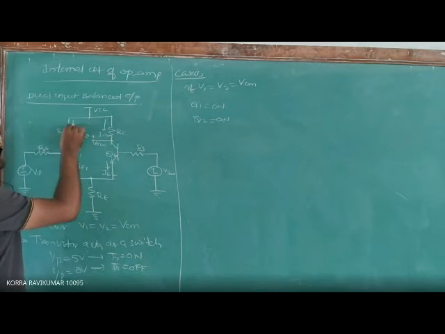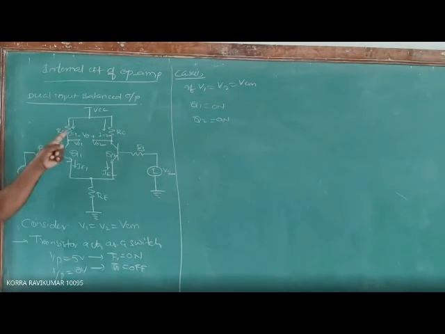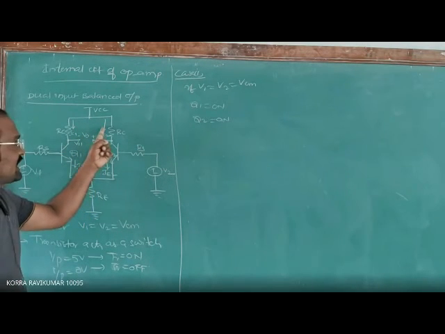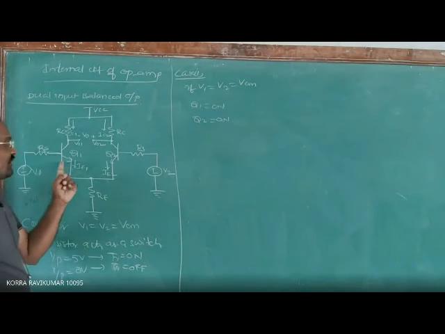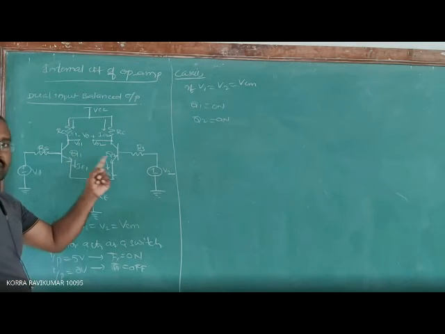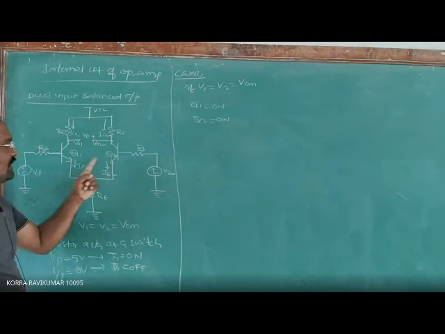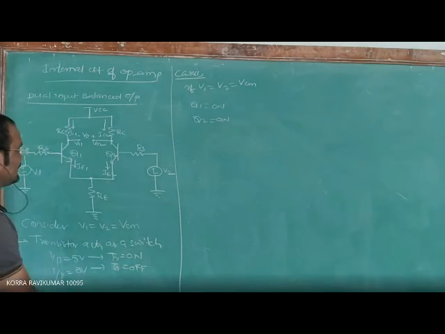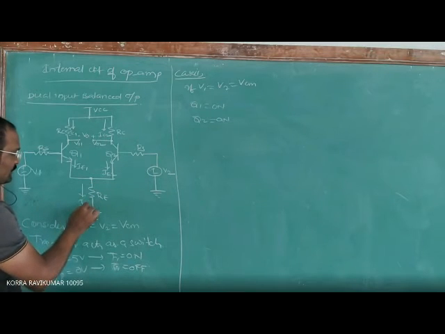Current flowing through the collector terminal of the first transistor is IC1, and through the collector terminal of the second transistor is IC2. Because Q1 and Q2 are on, the current produced by the first transistor is IE1 and by the second transistor is IE2.